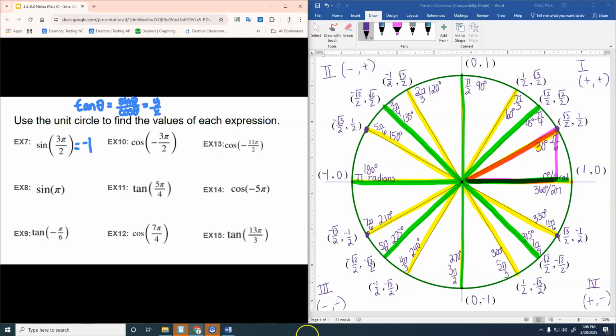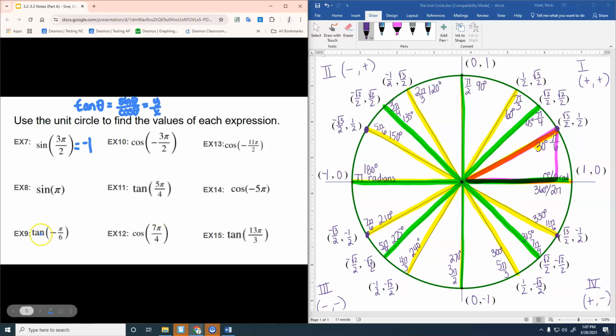Now, I gave you a couple on here that have negative angles. Okay, so they're a little bit trickier. If I have negative pi over 6, that means that instead of going up pi over 6 in the counterclockwise direction, I need to go clockwise pi over 6.